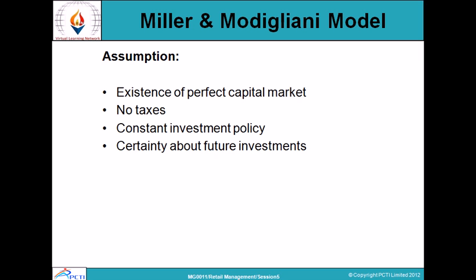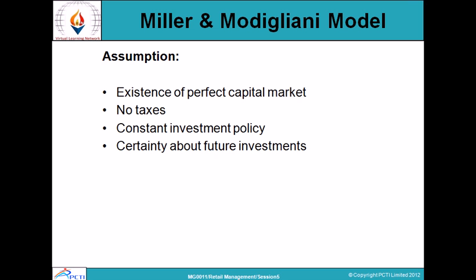And the assumptions are, first, existence of perfect capital market. When I say existence of perfect capital market, it means that all investors are rational and have access to all information, which is free of cost. There are no flotation or transaction costs. Securities are infinitely divisible and no single investor is large enough to influence the share value.